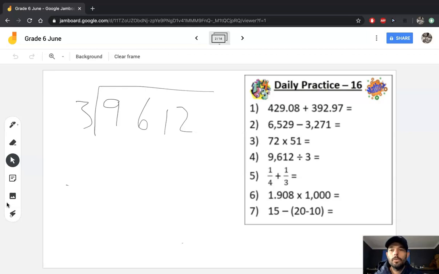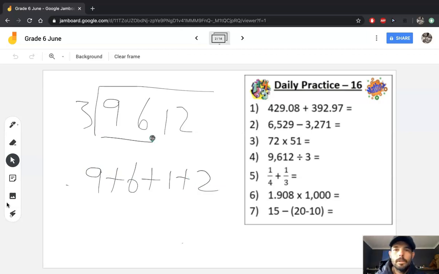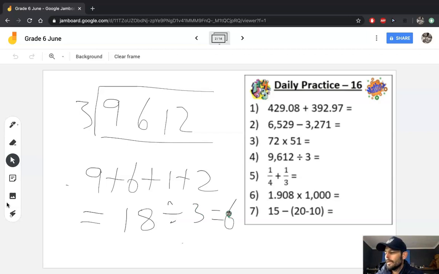So my divisibility rule there is if I add 9, 6, 1, and 2, so the individual numbers of 9,612, I get an answer of 18. Now, is 18 divisible by 3? Yes, it is, 6 times. So I know that 9,612 is going to give me a whole answer when I work it out. Okay, so that's just a reminder of the divisibility rule of 3.